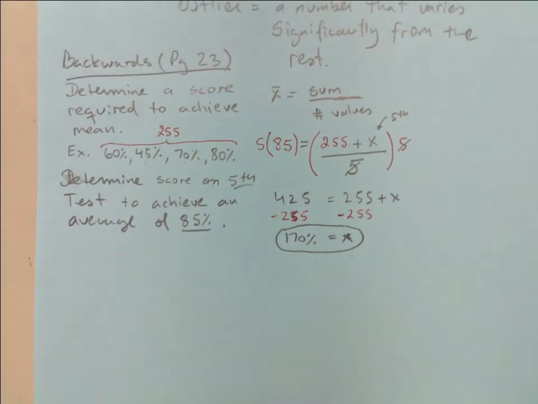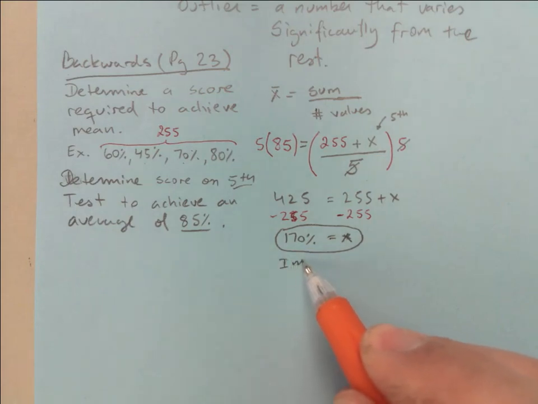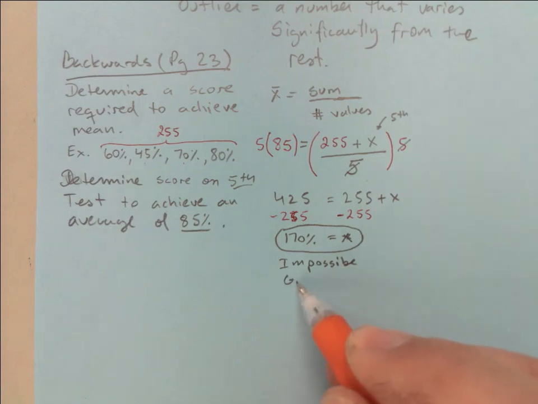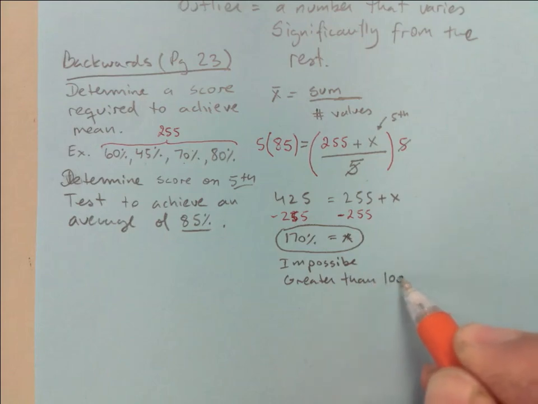What does that mean? Impossible. Greater than 100%. So when it comes to test scores, 100 is like your limit, right? If you go past that, you can't achieve your goal. You got to settle for less. Okay?